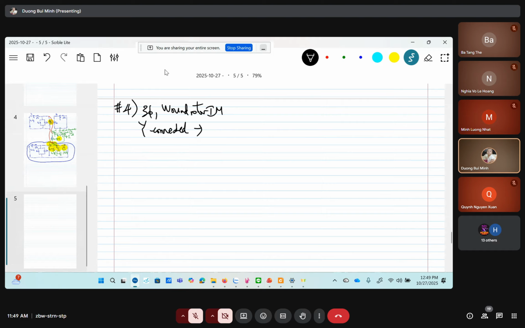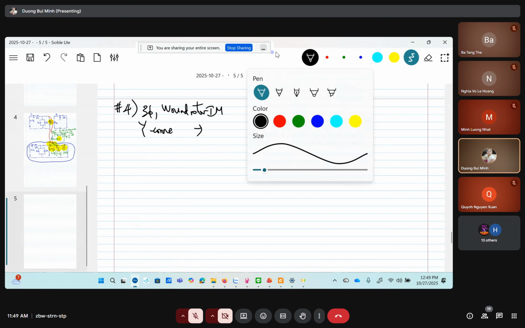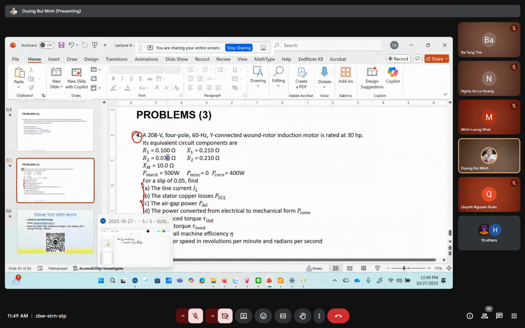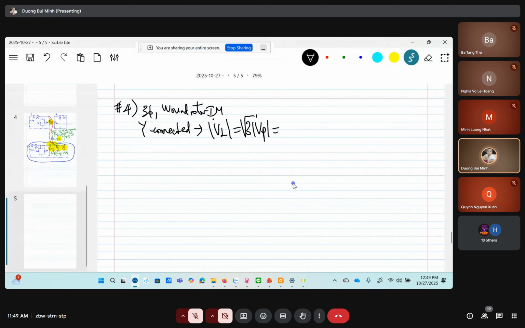So we connect this. We have V_LL equal to square root of 3 times V_phase, and how many volts? 208 volts at 60 Hz. So you can get V phase.